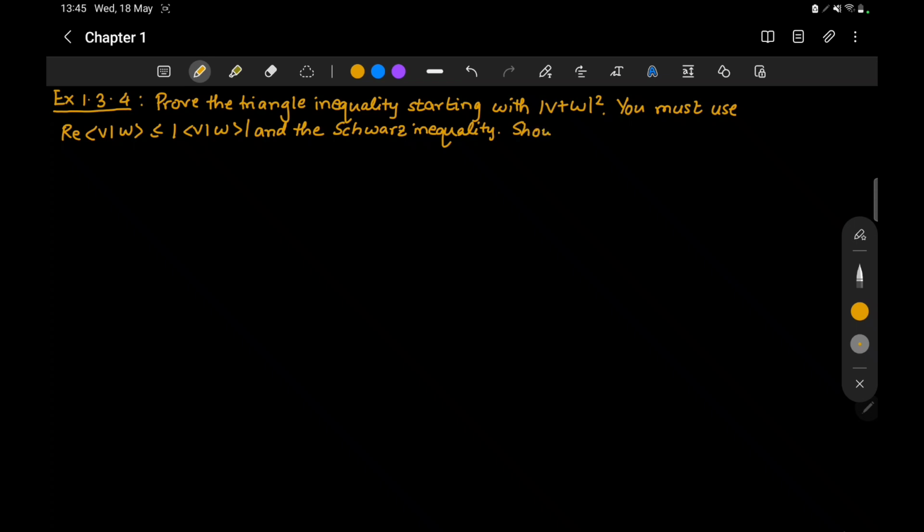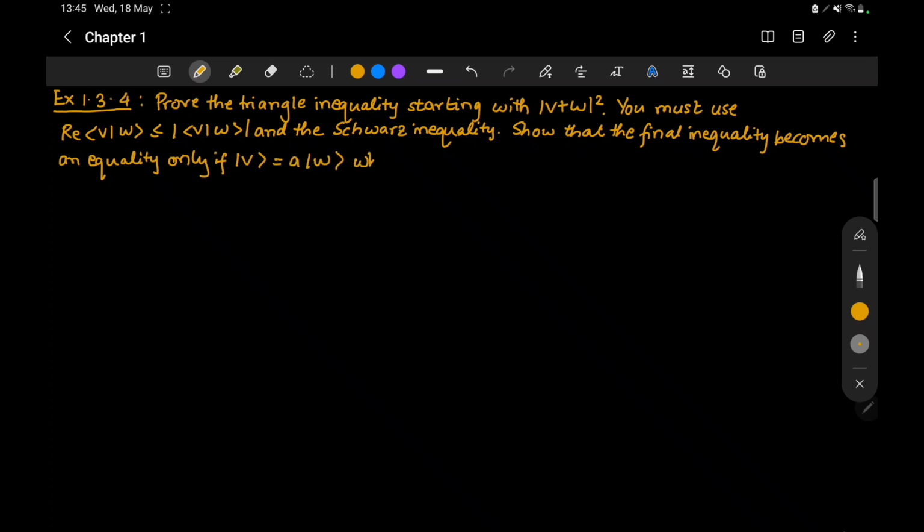The next part is show that the final inequality becomes an equality only if v is equal to a times w, where a is a real positive scalar.